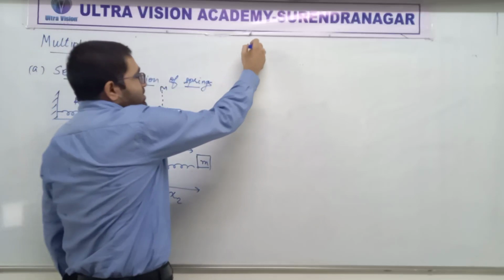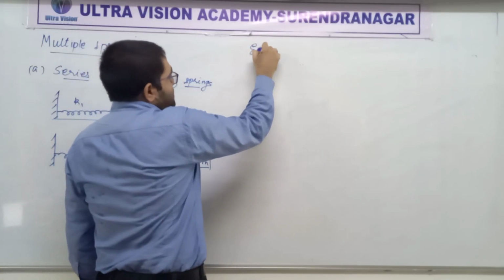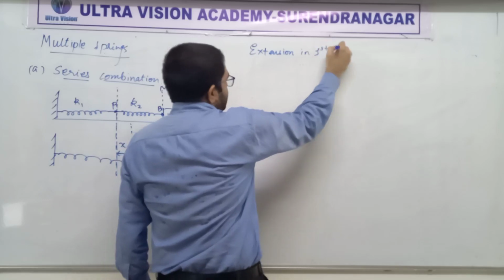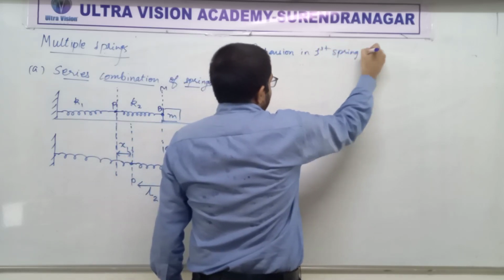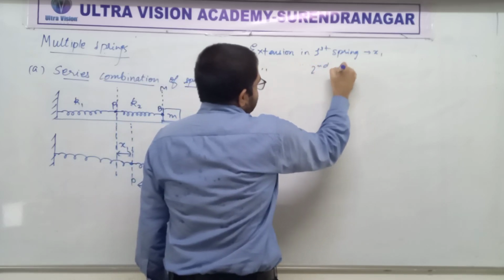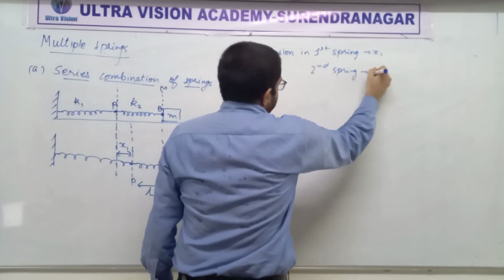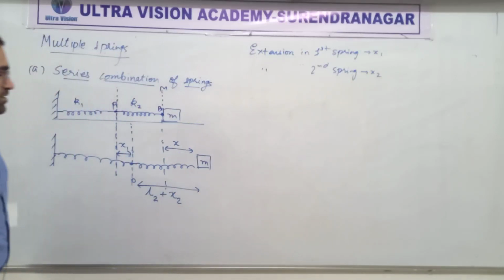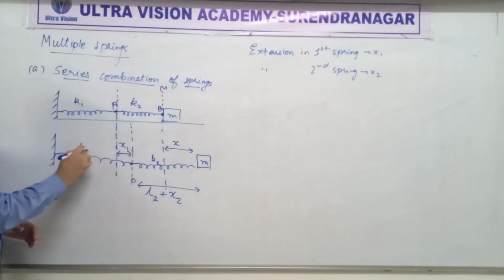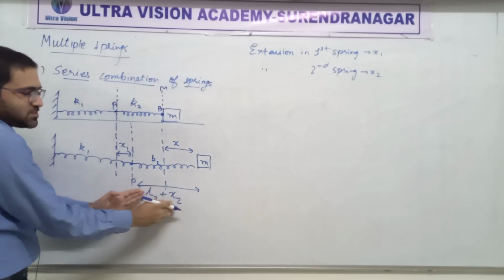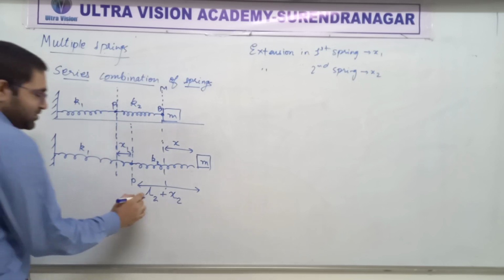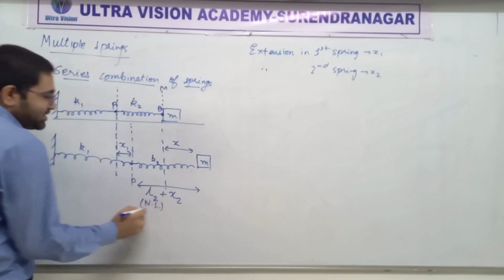Let me put that here clearly. Extension in first spring x1. Similarly, extension in second spring x2. So the second spring here has length L2 plus x2. What is L2? The original, natural length of the spring.